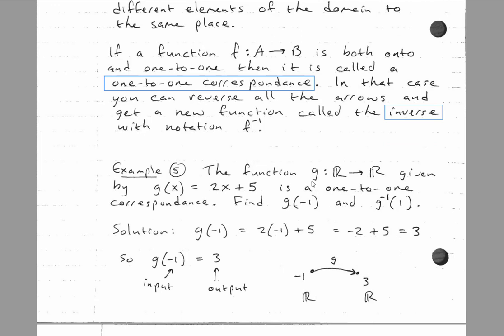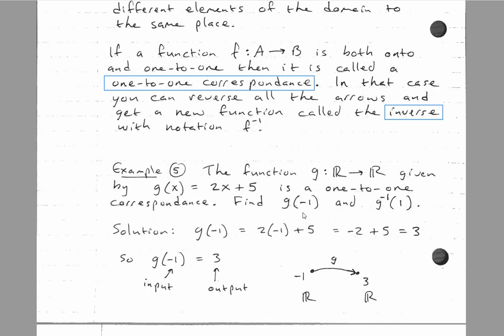For example, we have a g from the real numbers to the real numbers given by g(x) equals 2x plus 5. It turns out this is a one-to-one correspondence.